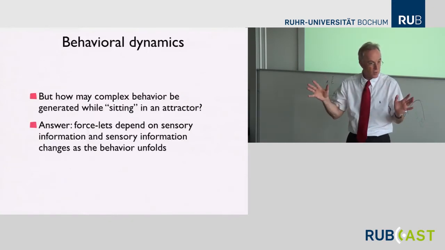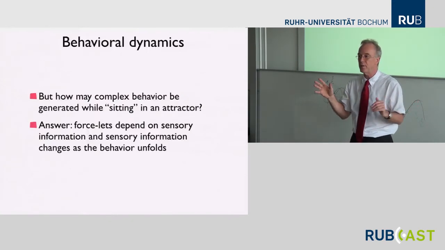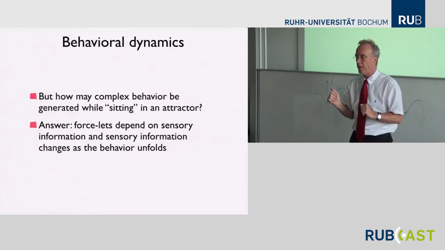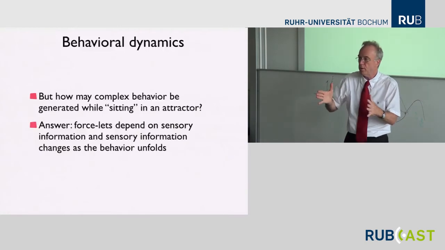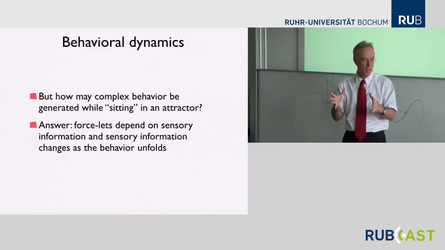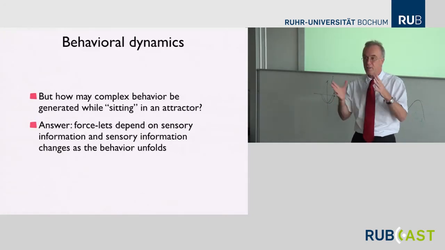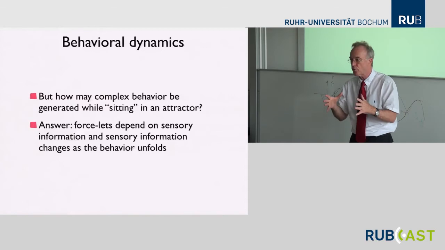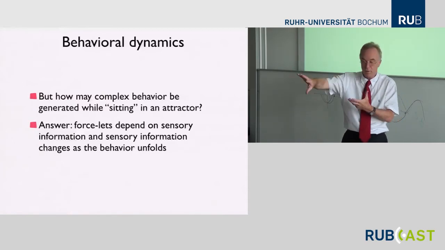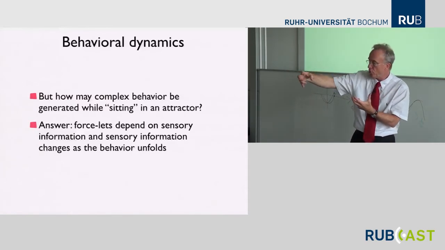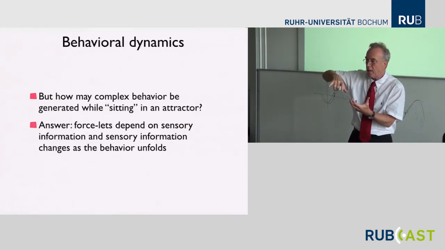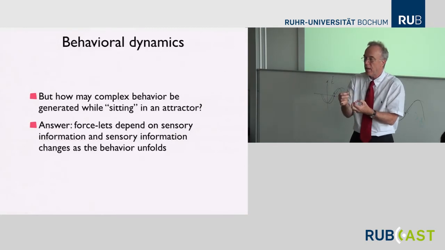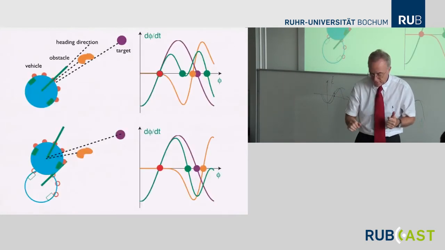So for instance, for this vehicle, if the target was infinitely far away and there was no obstacle, then yes, it would initially turn to the target and it would go straight forever. And that would be certainly very boring behavior. And the only reason why it doesn't do that is that as it moves around, stuff changes. The obstacles come close and maybe change in angle, and therefore their forces change, and the repellers change, and the dynamical landscapes change. I have an example here.